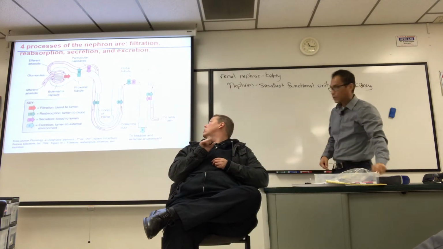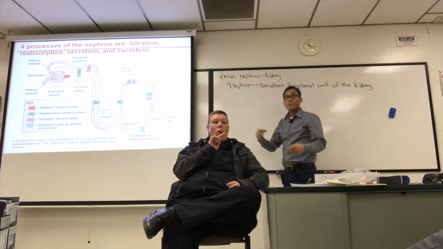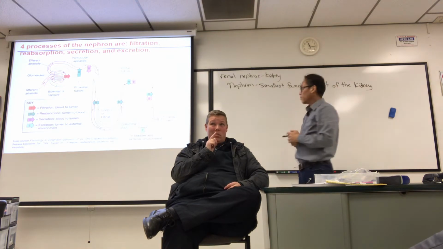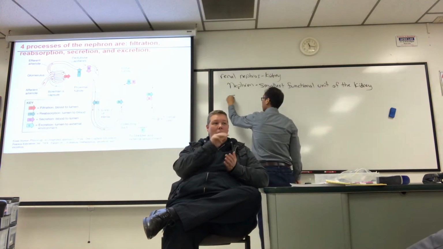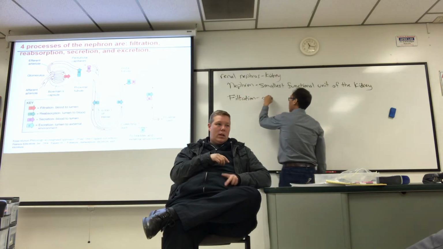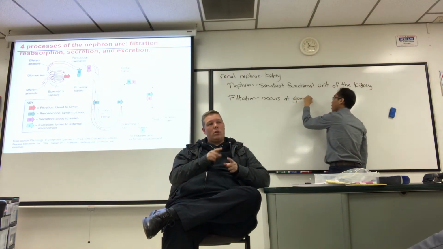That's your little molecular filter. So you got like 1 million of these nephrons per kidney, which means you have about 1 million glomeruli per kidney. So the process of filtration occurs at glomerulus.